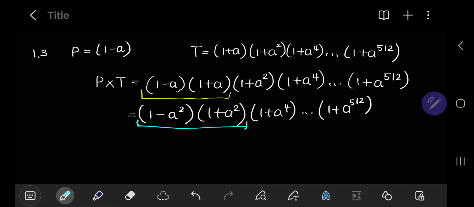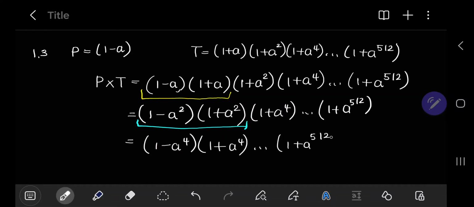Again, that is the factorization of the difference of two squares, where in this case you would have had 1 minus a to the power 4. If you're going to factorize 1 minus a to the power 4, you would get 1 minus a squared, 1 plus a squared. Let's now write down what we're left with. We're left with 1 plus a to the power 4, all the way up until 1 plus a to the power 512.